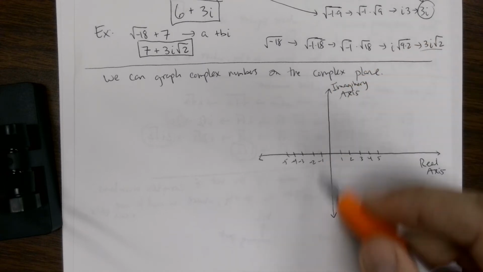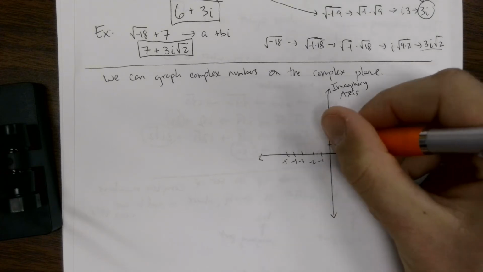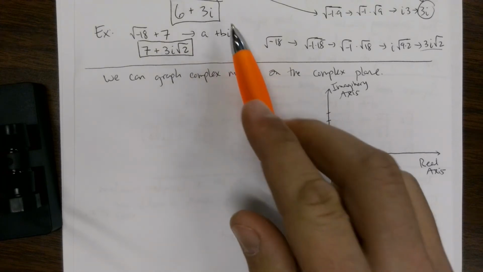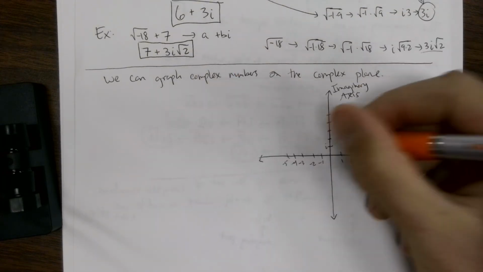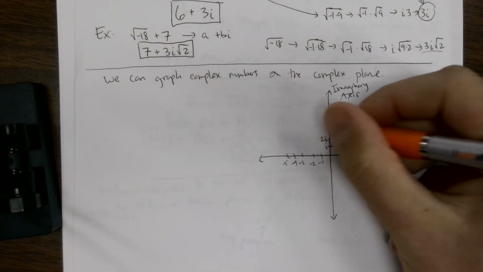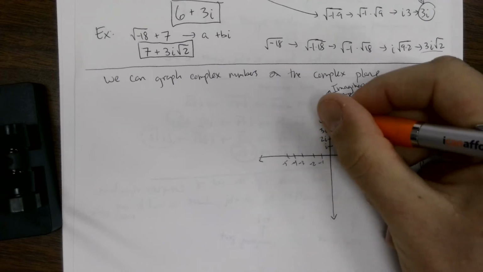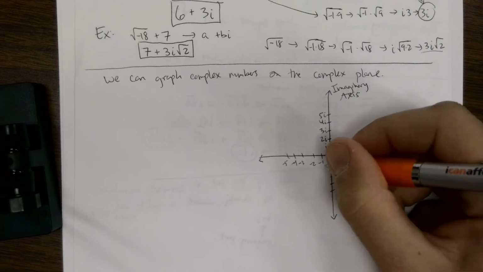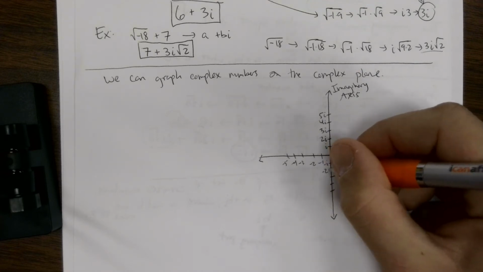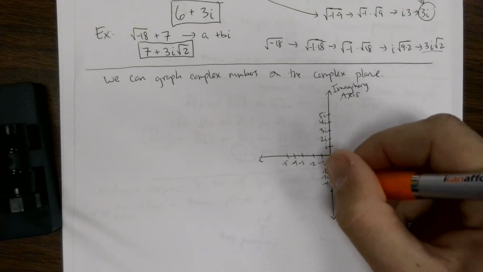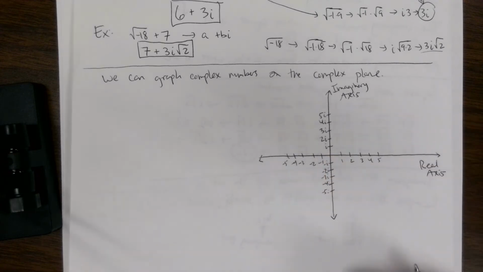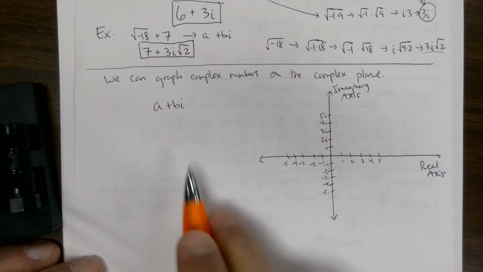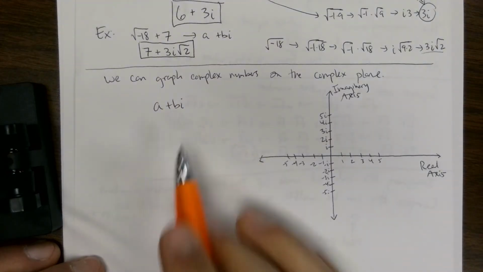On here you're going to graph all your numbers in the form bi. So I have i, 2i, 3i, 4i, 5i. Down here we have the negatives, so -i, -2i, -3i, -4i, -5i. So this is the complex plane where we can graph numbers in the form a plus bi.